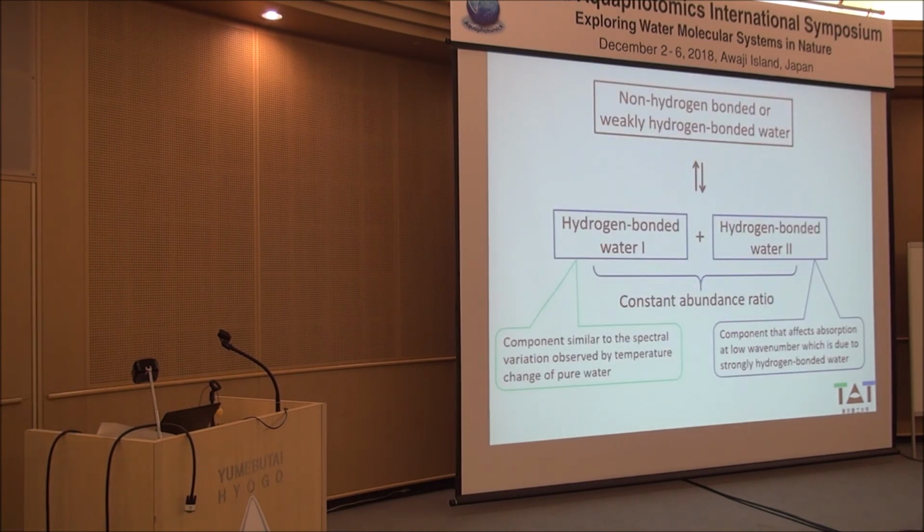There are two kinds of hydrogen bonded water, but if the equilibrium between this one and this one and the abundance ratio of these two is constant, we can get some isosbestic point at different wave numbers.